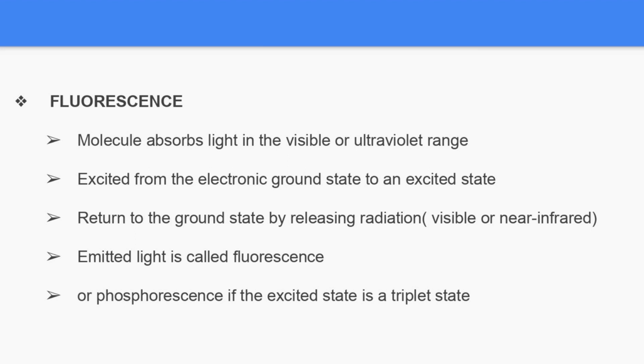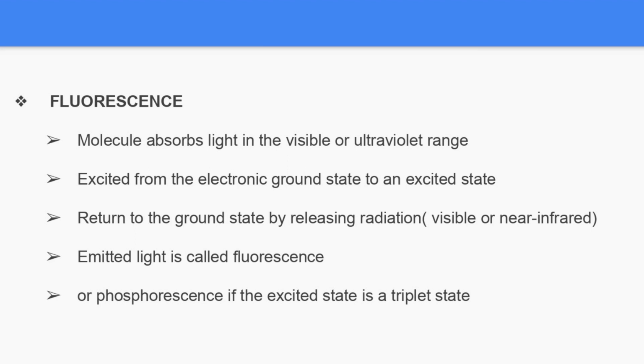The excited state will release energy in the form of radiation. That radiation may be visible light or near infrared light. The emitted light is known as fluorescence.